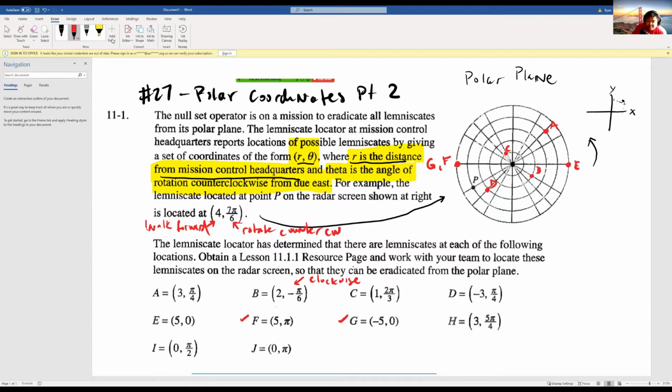(3, 5pi/4). That is going to be the same thing as another one. You guessed it. These are the same points. 5pi/4 is down here, but it's walking forward 3 units.